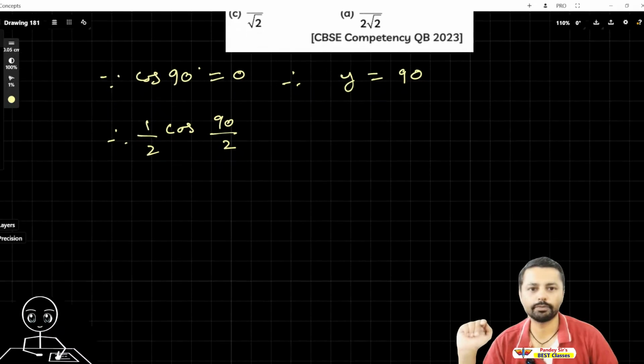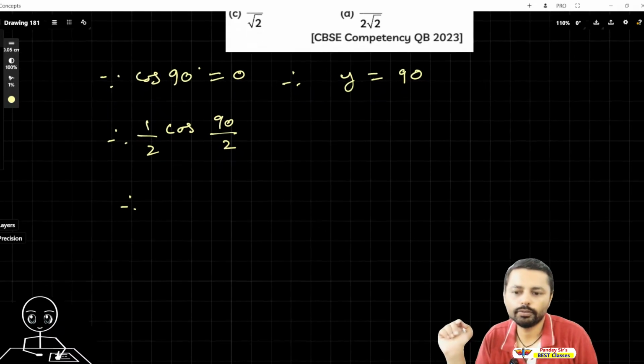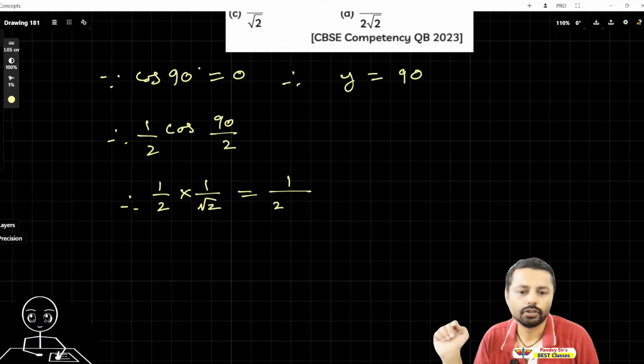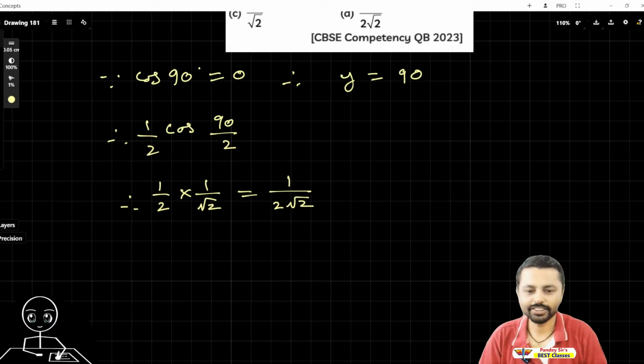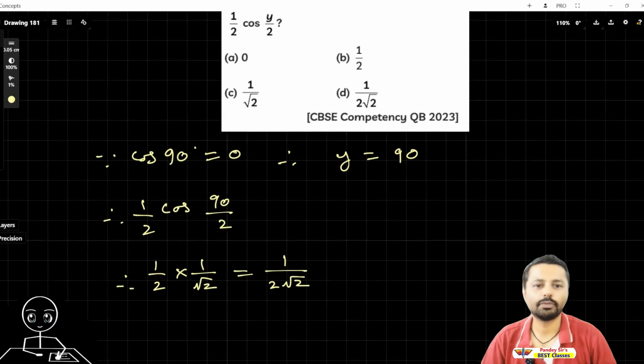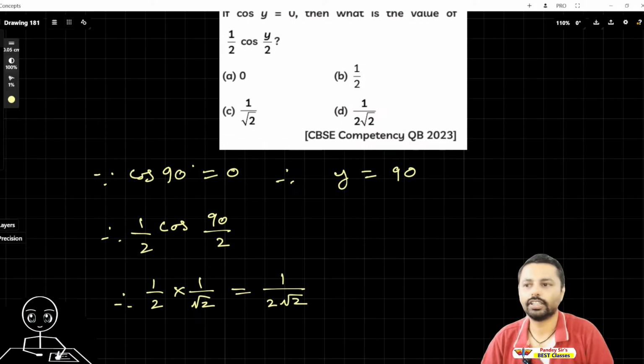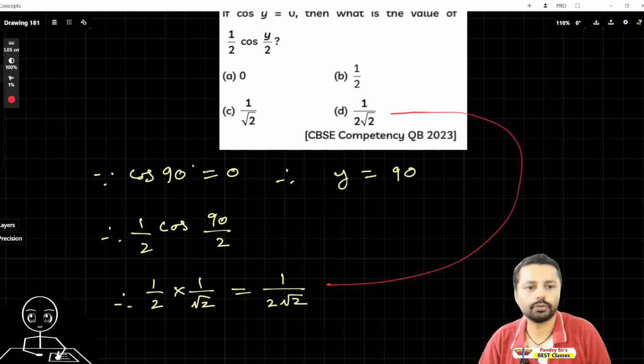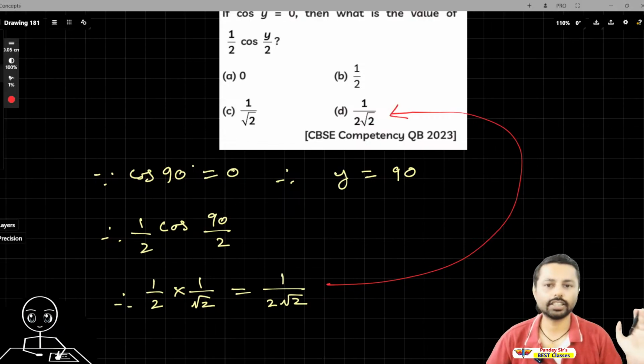So cos 45 is 1 by root 2. So therefore 1 by 2 into 1 by root 2 equal to 1 by 2 root 2. Okay, it's that easy. Where is this option? D. D is the option, 1 by 2 root 2. So D is the correct answer.